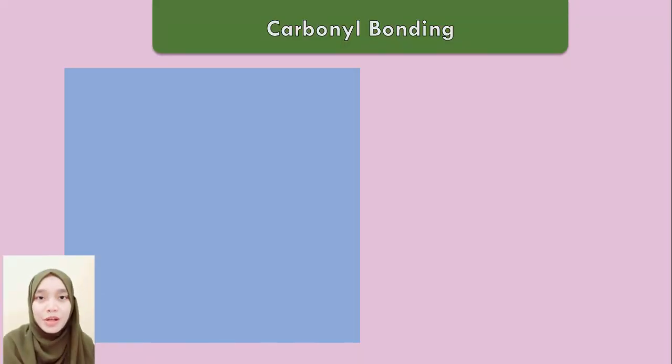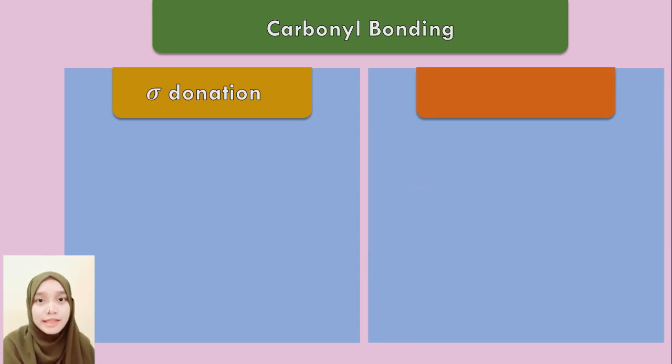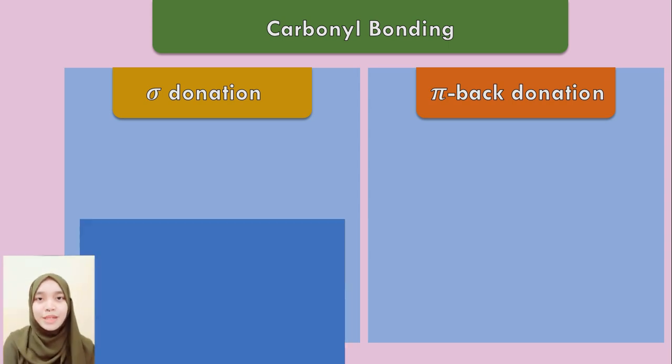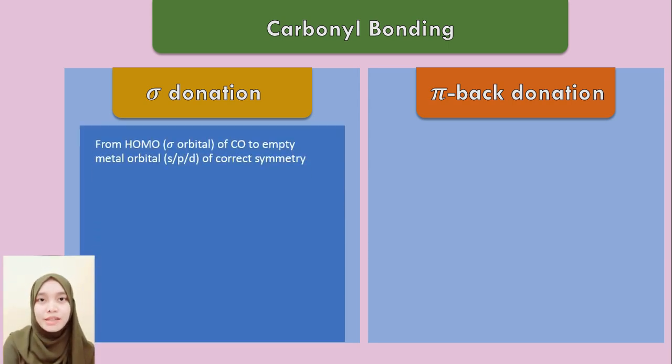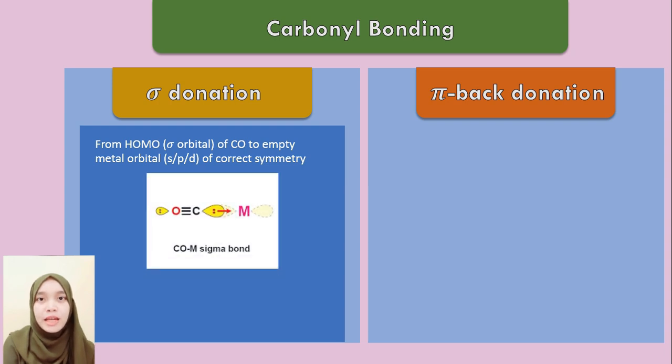There are two types of donation in carbonyl bonding, which is sigma donation and also pi-back donation. Sigma donation occurs from the highest occupied molecular orbital of carbon monoxide to an empty metal orbital of the correct symmetry.